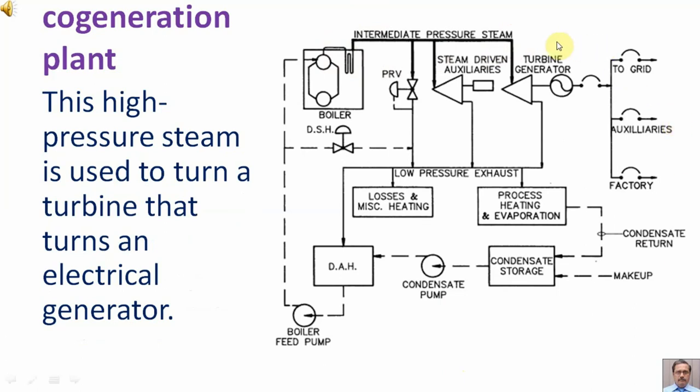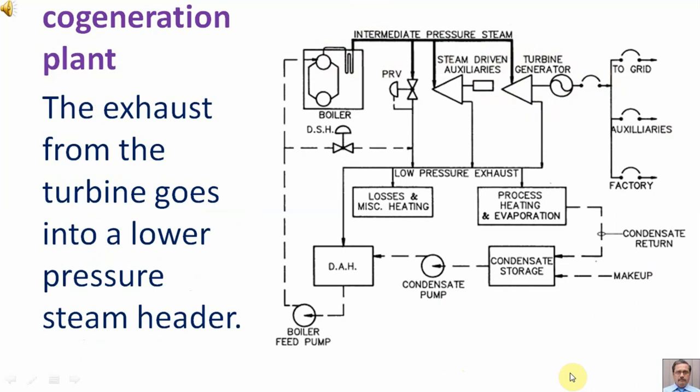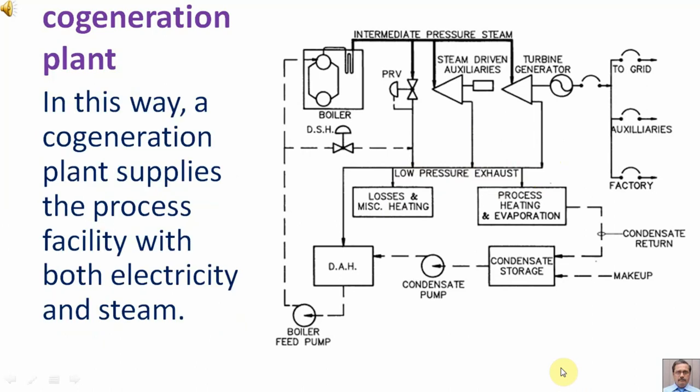This high pressure steam is used to turn a turbine that turns an electrical generator. The exhaust from the turbine goes to a lower pressure steam header. In this way, a cogeneration plant supplies the process facility with both electricity and steam.